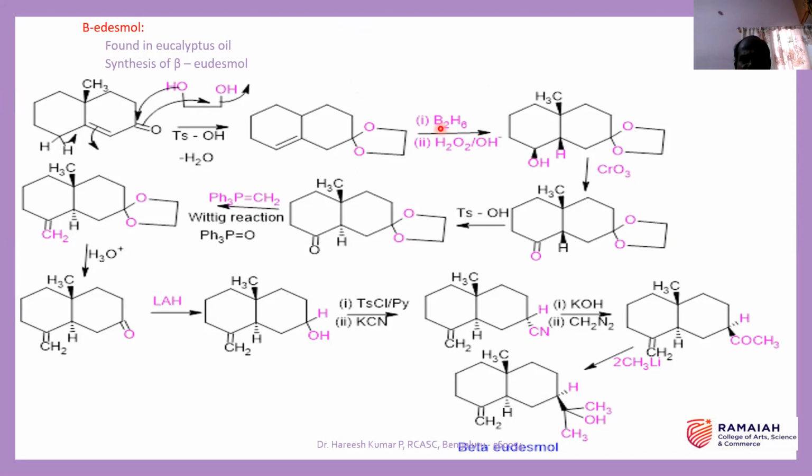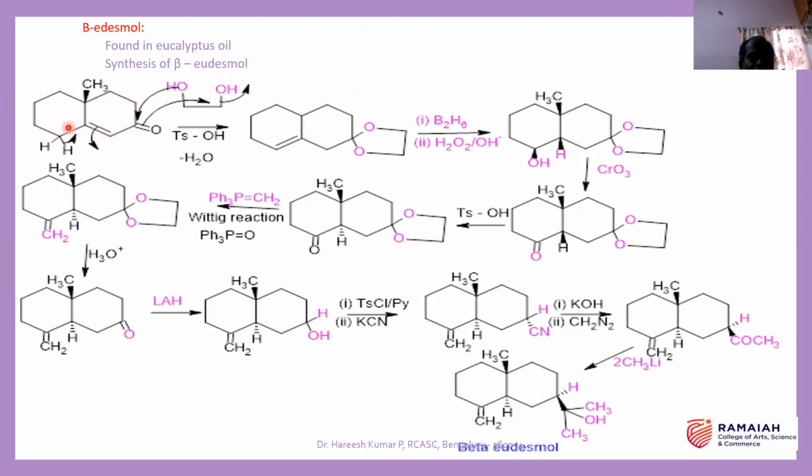Here, beta-eudesmol is found in eucalyptus oil. The synthesis of beta-eudesmol starts with a decalin derivative.